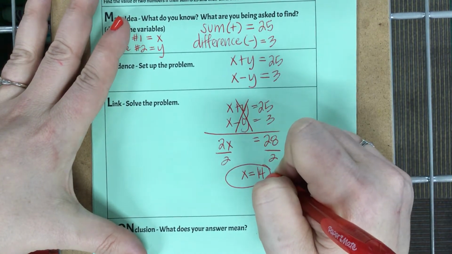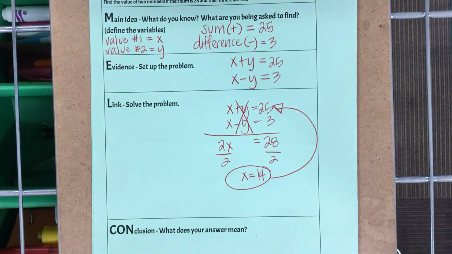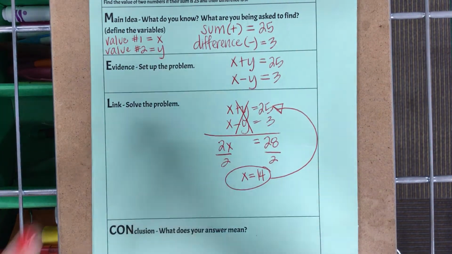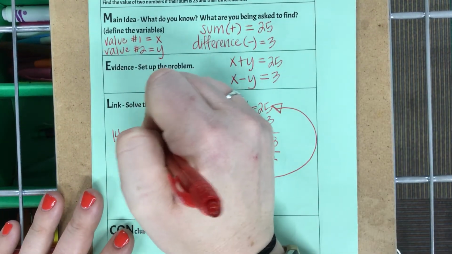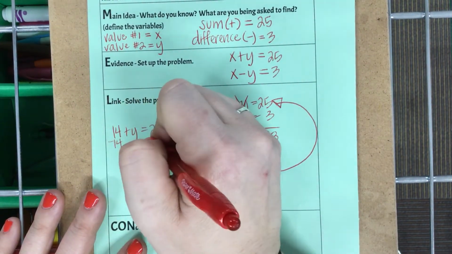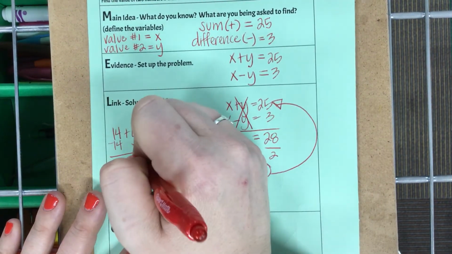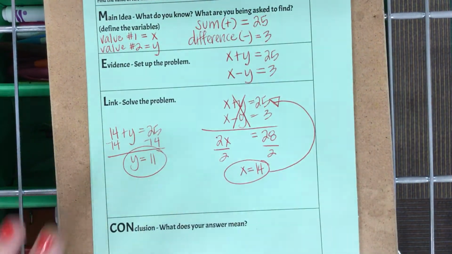I'm going to take this 14 and resubstitute it into one of the equations. 14 plus something equals 25. y equals 11.